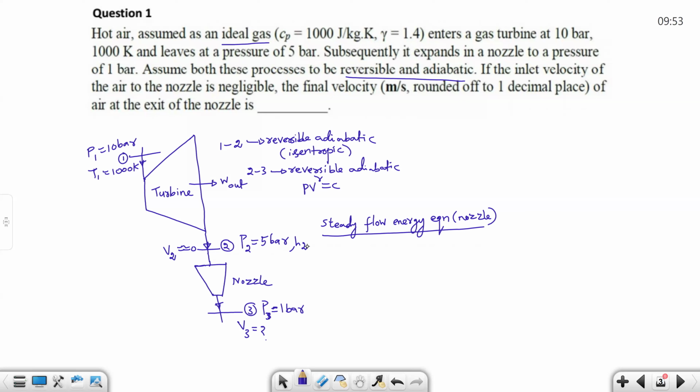So we have enthalpy H2 and kinetic energy V2 squared by 2 plus g Z2. Reversible adiabatic means no heat transfer, no work transfer in the nozzle. The basic equation is energy in equal to energy out.